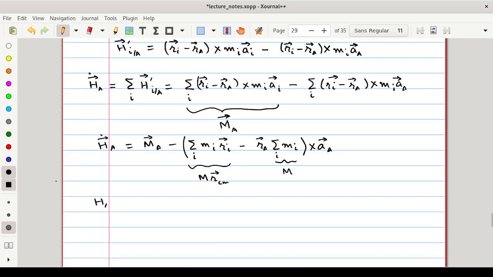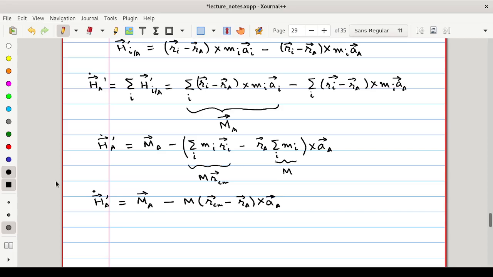Therefore the rate of change of relative angular momentum about some point A is equal to the net external moment about that point A minus m times rCM minus rA cross aA.